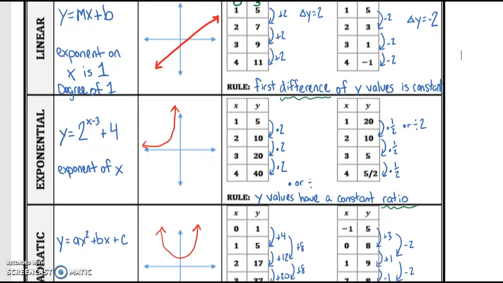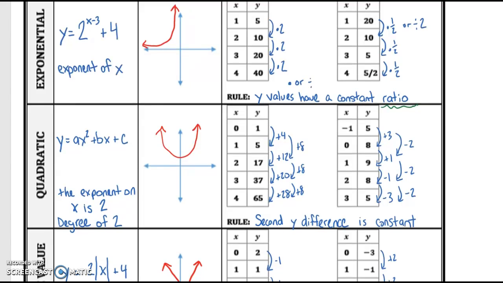The third type would be our quadratic that we've just spent the last couple of chapters on. It is going to have a 2 or a squared on the x, and that means it's a degree of 2. The graph is going to be a parabola. Now, this is a part that we have not focused on quite as much yet, so tune in here. When you look at these, I'm going to start with this one over here.